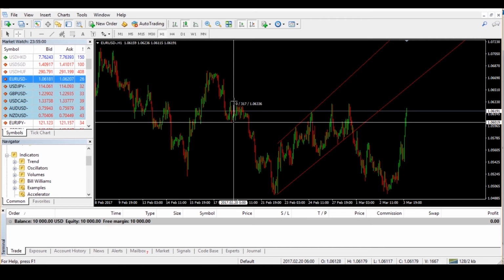And then the second figure is 317. And then the third figure is the price that we are currently at. Notice how I can move left and right, trying to keep on 317. And the first number will move as I move left and right. So as I move across the candlesticks, my first number will move, counting how many candlesticks I have moved across.